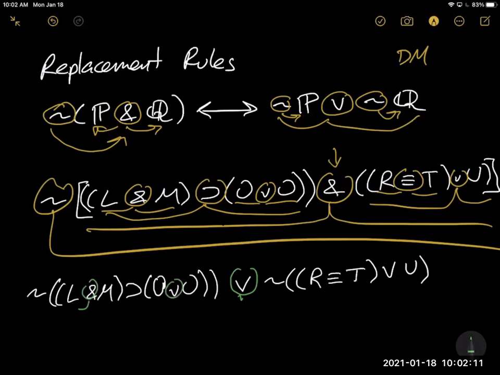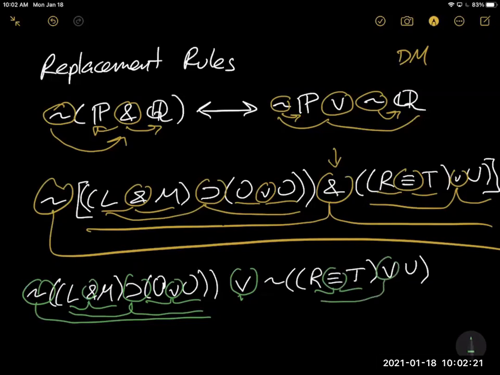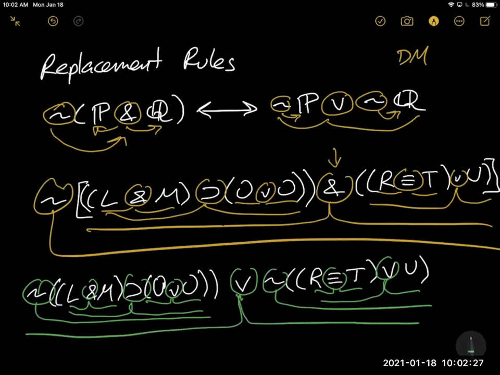Here's two pretty small operators. The horseshoe is a little bit bigger. The negation is bigger still. But the wedge is the biggest of them all. So we went from a negated conjunction to a disjunction of two negations, right?